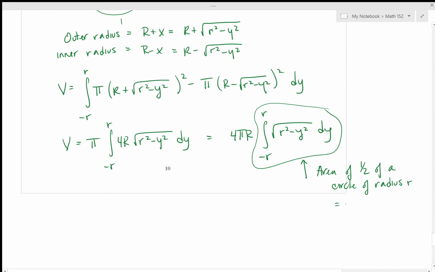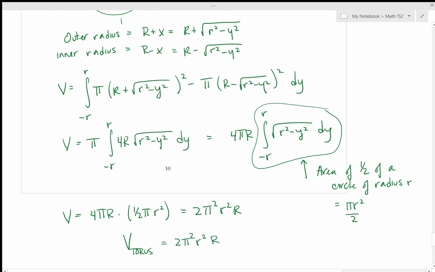Okay, so we know what that is. It would be pi r squared, but it's half, so that's pi r squared over 2. Then we can combine that with the previous information, that is 4 pi R times one half pi r squared, and we can simplify and we get 2 pi squared r squared R. So now we have a formula for the volume of the torus: volume of the torus equals 2 pi squared r squared R. Calculus is really useful in allowing us to find the volume formulas for a variety of shapes.